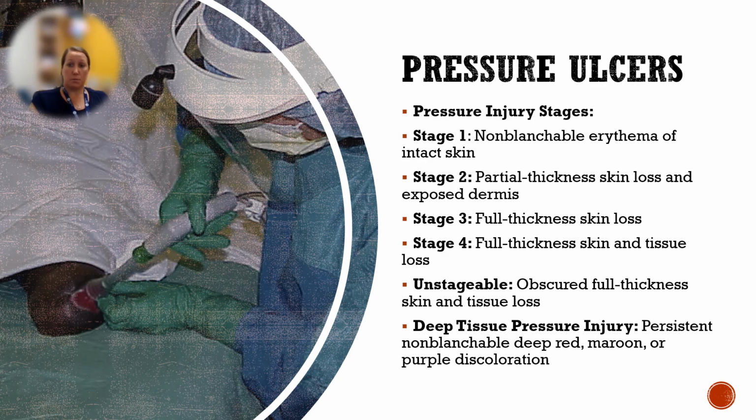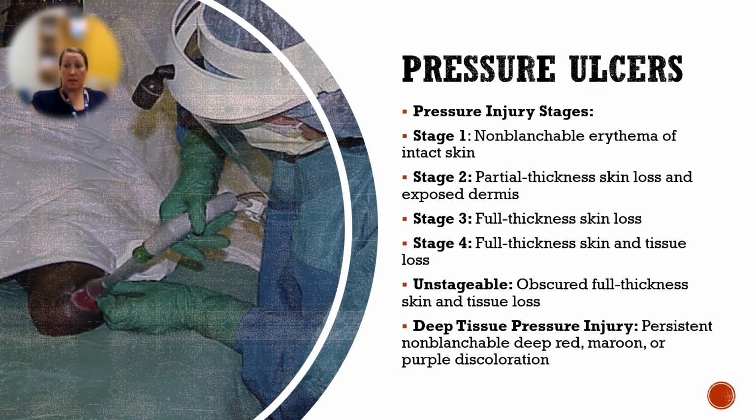A stage 3 pressure injury is a full thickness skin loss, in which adipose or fat is visible in the ulcer, and granulation tissue and epibole, which is rolled wound edges, are often present.